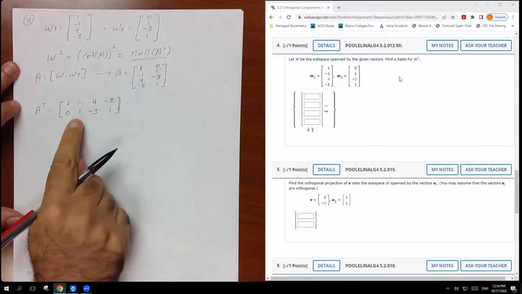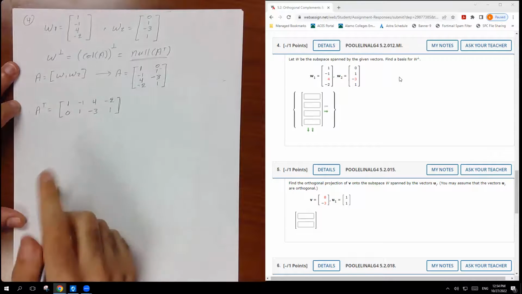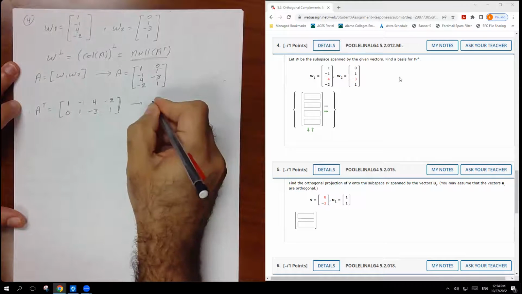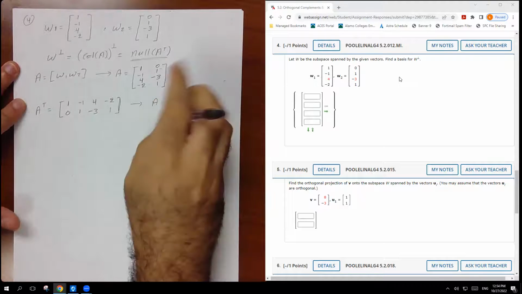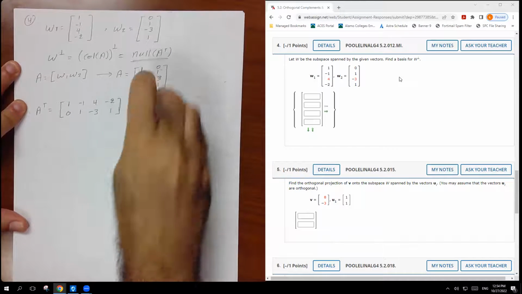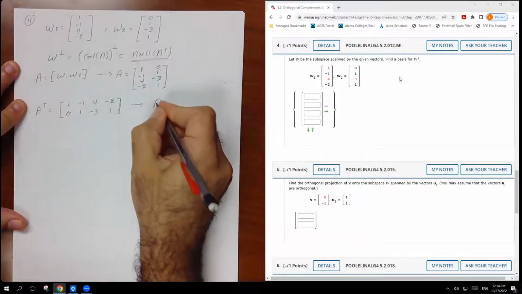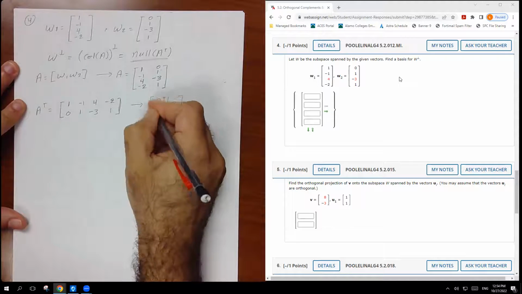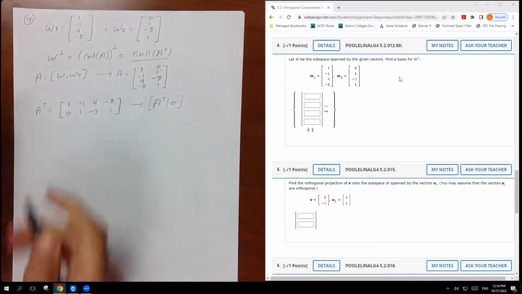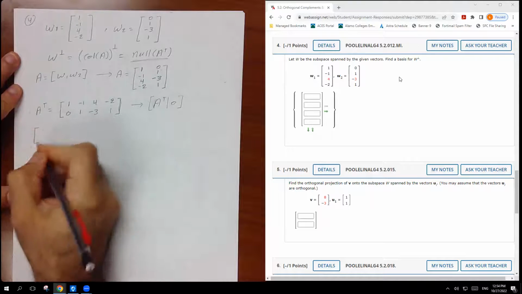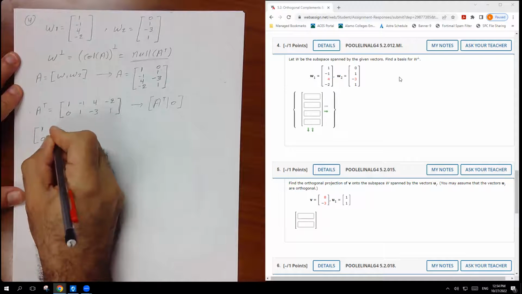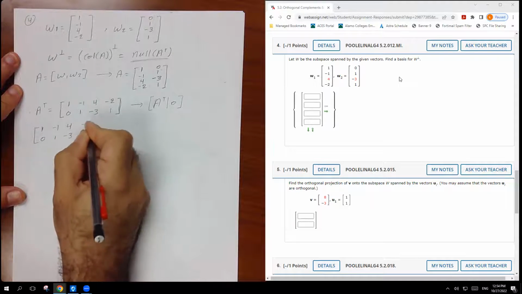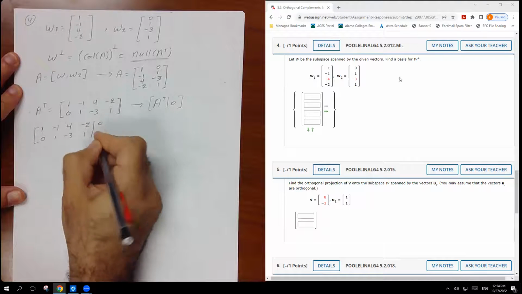Now I'm going to find the null space for A transpose. That means A transpose with the 0. So here is A transpose 1, 0, -1, 1, 4, -3, -2, 1 with the 0, 0.